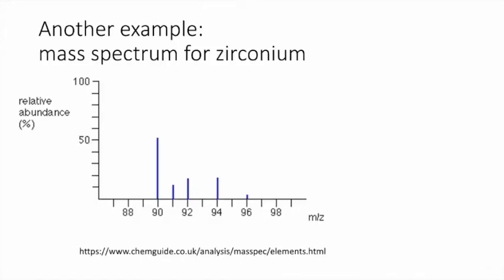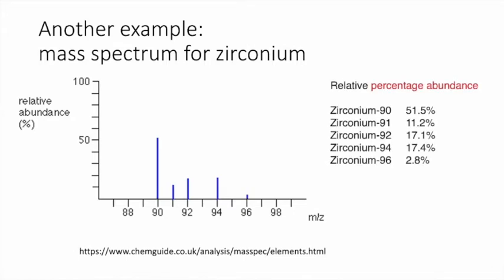Okay, so let's take a closer look at zirconium. From the mass spectrum, we can see that zirconium has 5 naturally occurring isotopes. The most common isotope is going to be the one with the largest peak, the one with the largest relative abundance. And in this example, it's the isotope with the atomic mass of 90.